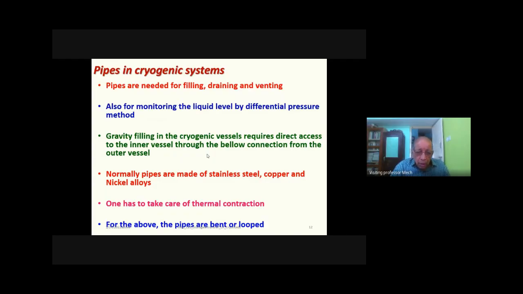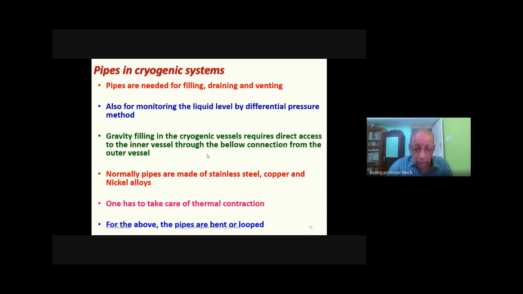The cryogenic pipes will normally be made out of stainless steel. Sometimes one can also use copper and nickel alloys. But in all cases, one has to take care of the thermal contraction when the liquid is flowing in, because you have a liquid flow from inside to the outside.